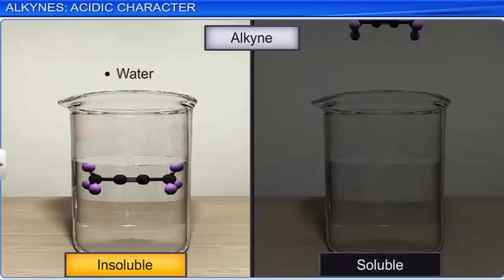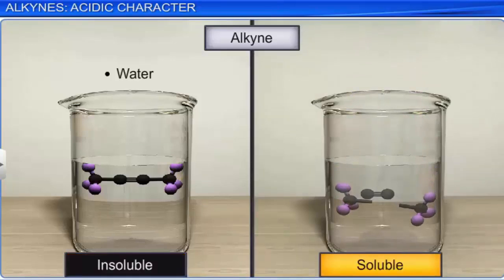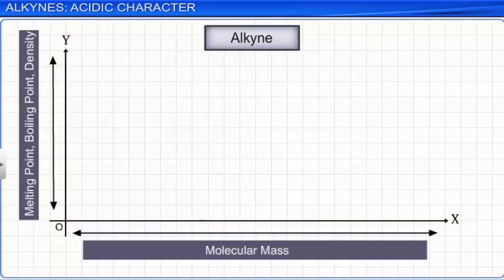However, they dissolve in non-polar organic solvents like ethers, carbon tetrachloride, and benzene. The melting point, boiling point, and density of alkynes are directly proportional to their molecular masses.